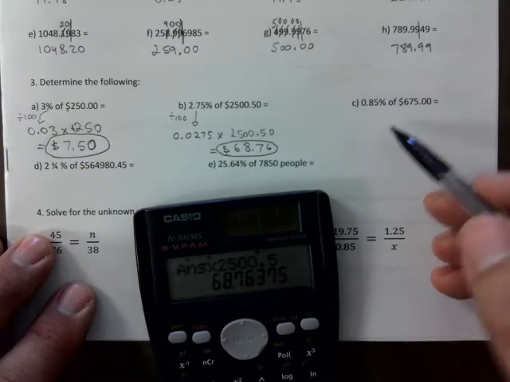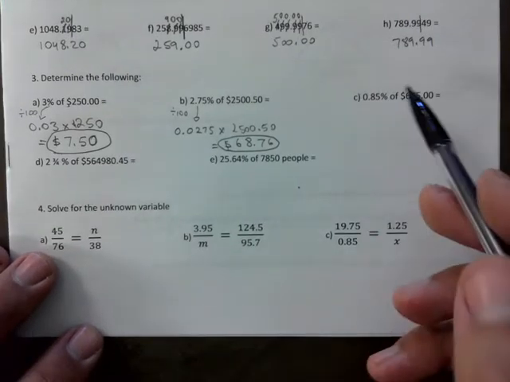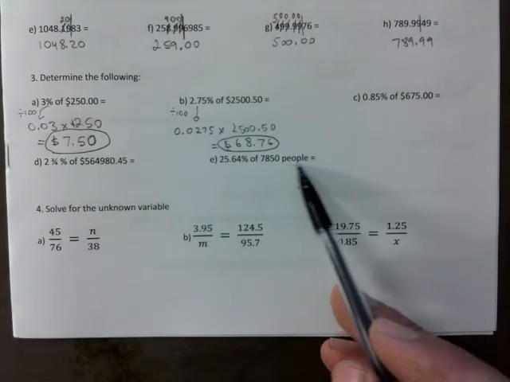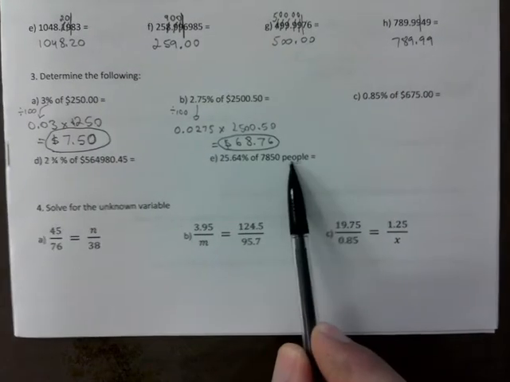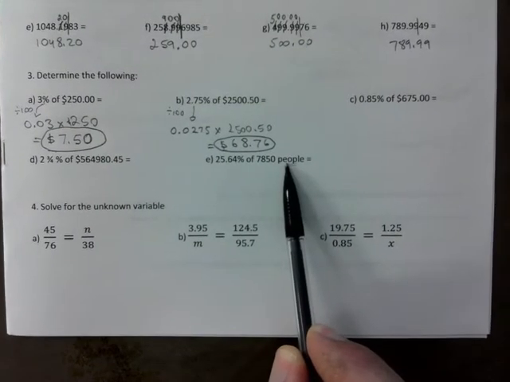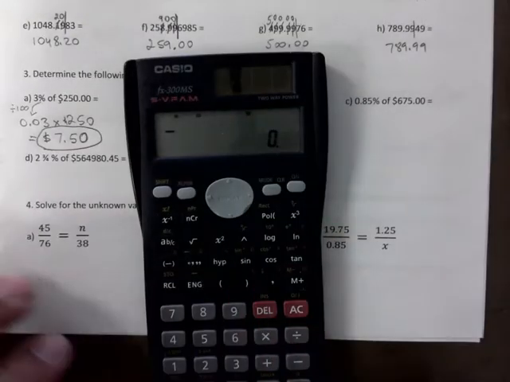Try the next couple. Okay, I'll give you a couple of minutes. Notice that there's people, so they're going to have to round accordingly. The last, like E here, your answer has to be rounded to the nearest what? Whole number. So go ahead and do that.